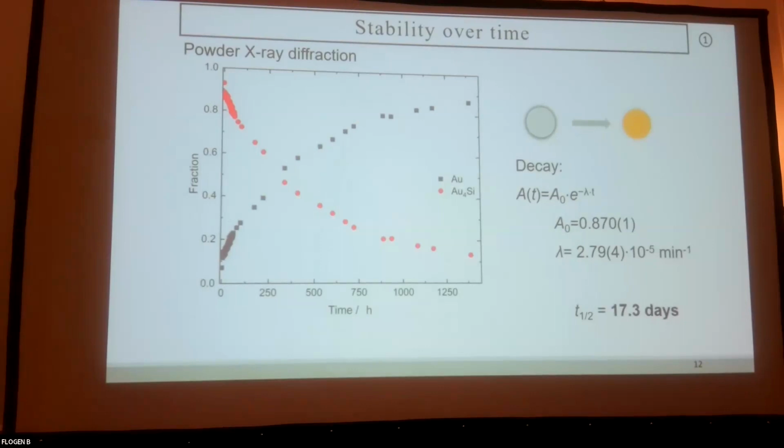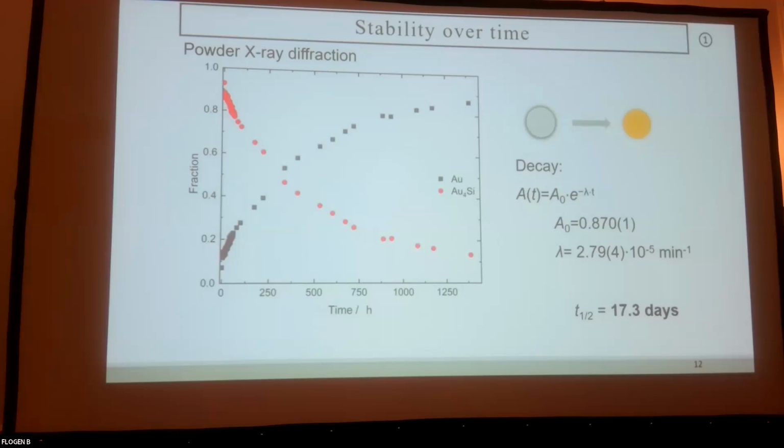And one thing that I noticed working with this compound, when fresh after the synthesis, samples are bright silver, but within a few hours they actually turn golden.